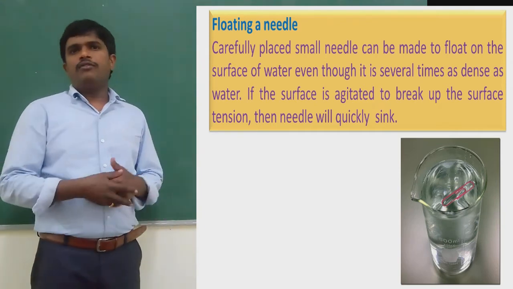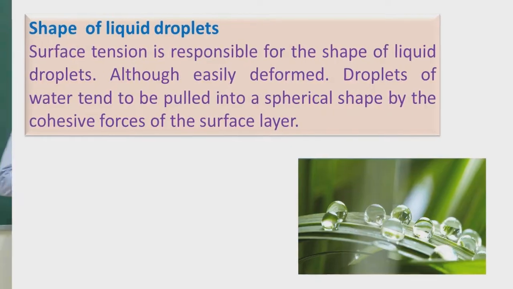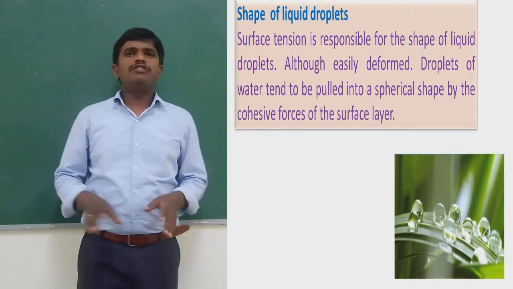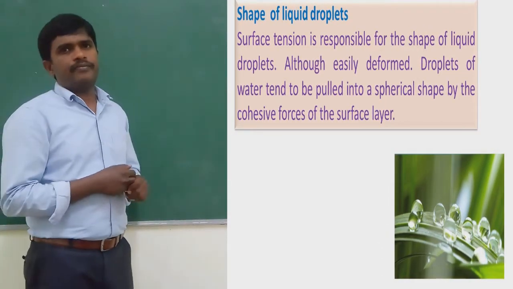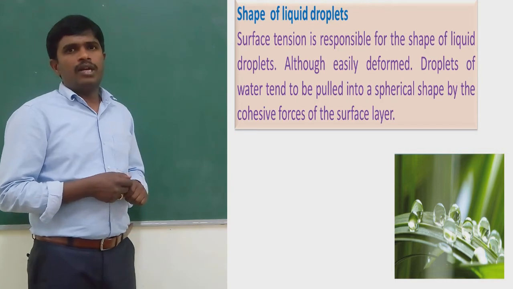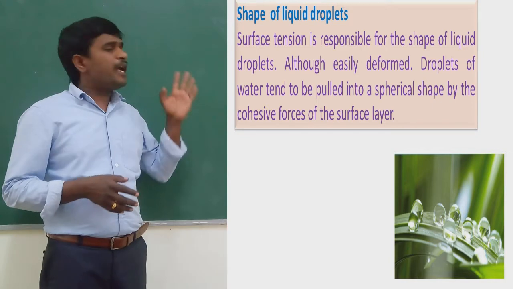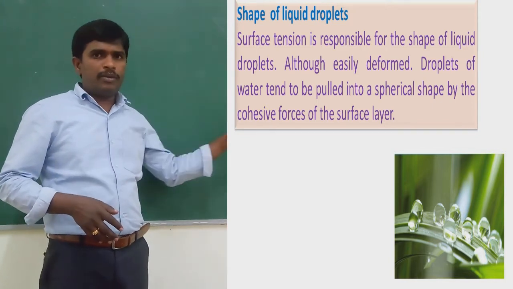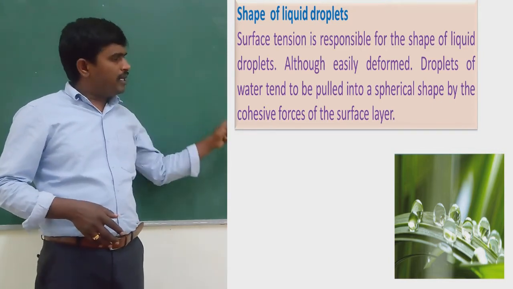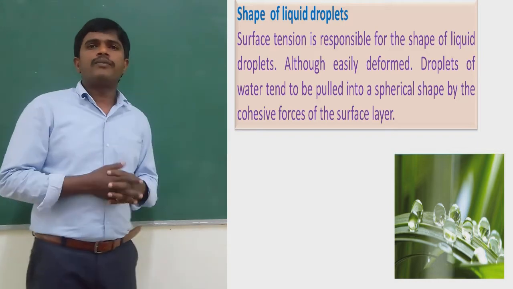Another example of surface tension is the shape of liquid droplets. Surface tension is responsible for the shape of liquid droplets. See the shape of the liquid droplets.